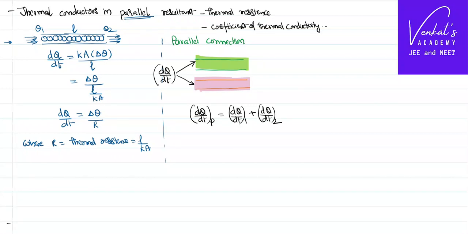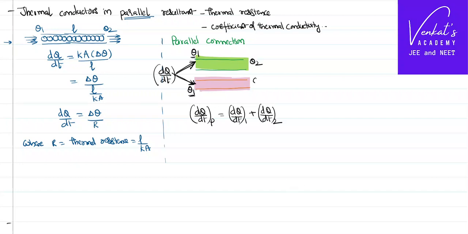One thing I want you to understand carefully is that the temperature at one end of the rod is theta 1, and the other end also has the same theta 1, because both are heated by the same heat.